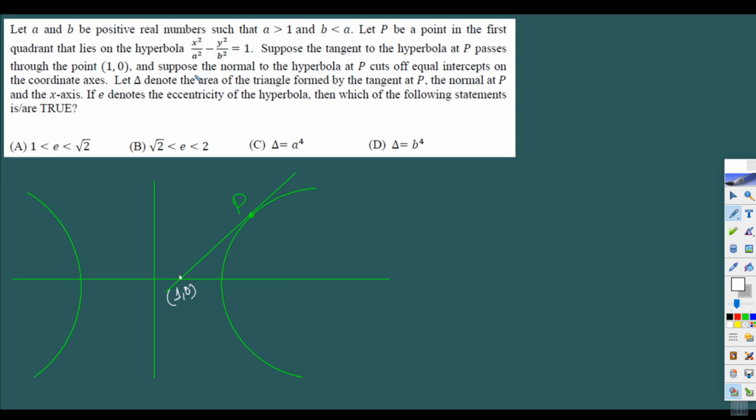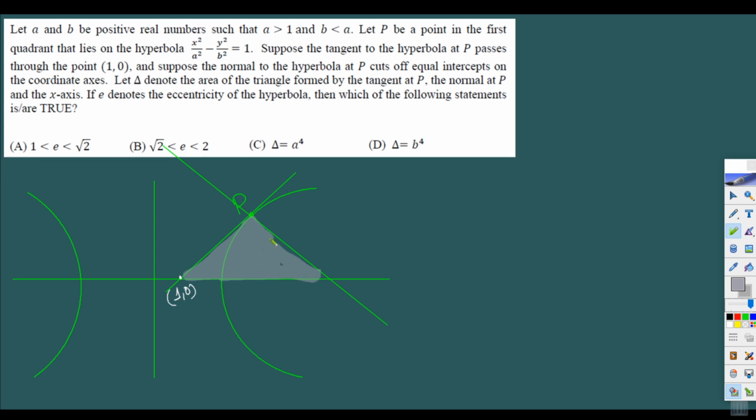The normal to the hyperbola passing through P cuts off equal intercepts on the coordinate axes. Delta denotes the area of the triangle formed by the tangent at P, the normal at P and the axis of X. So essentially this is the triangle whose area is in question.